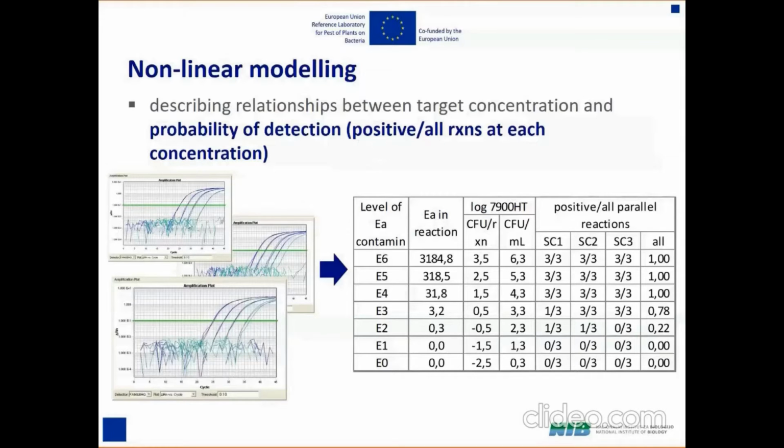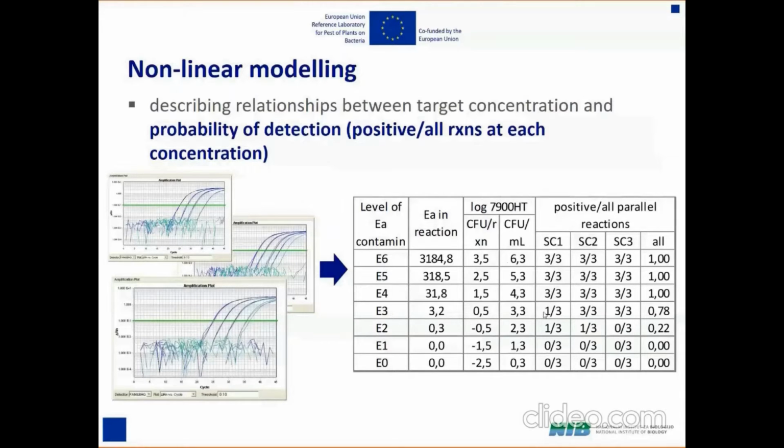So we basically, for example, take 3 standard curves. Here it is shown for real-time PCR, but it can be any test. And for the different concentrations that we have prepared, we count the number of positive reactions. For example, here for standard curve 1, 3 out of 3. But then with lower concentration of the target, of course, we come to concentrations where this number decreases.